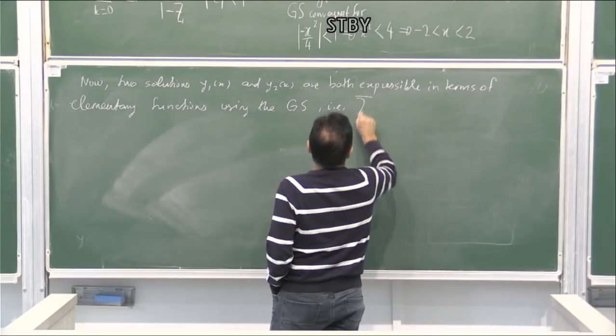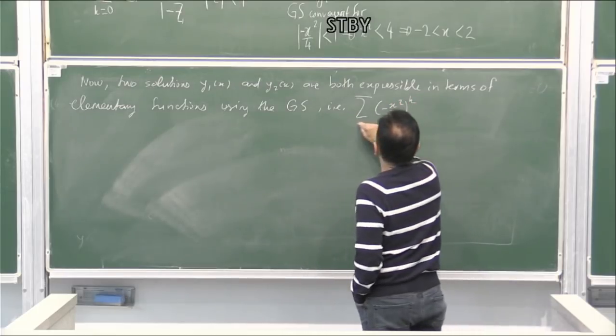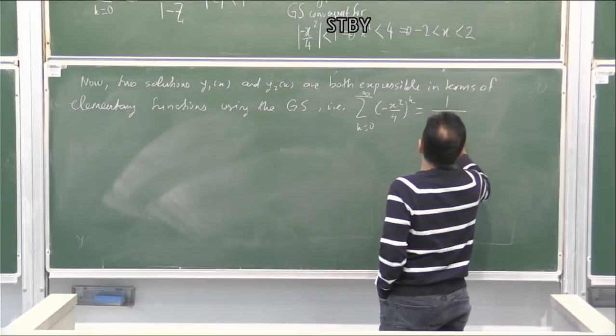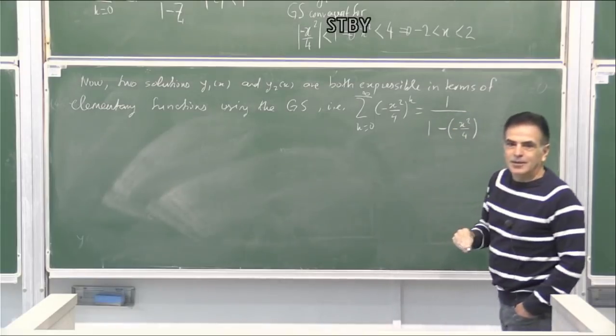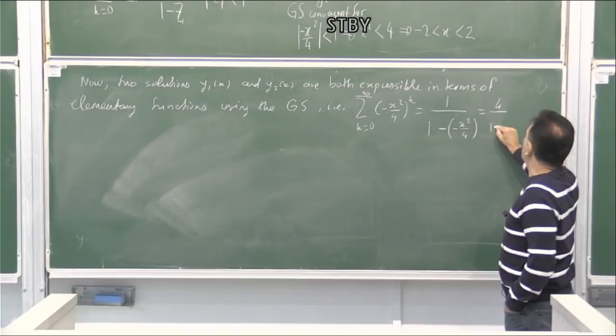That is, the sum of minus x squared over 4 to power k from 0 to infinity is nothing but 1 over 1 plus x squared over 4. Good. Multiplying throughout by 4, we have 4 over 4 plus x squared.